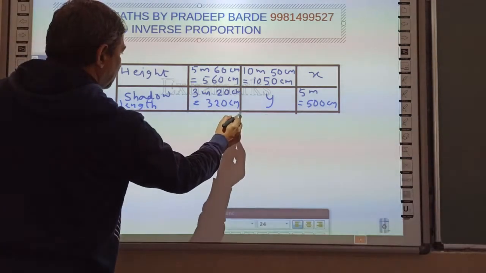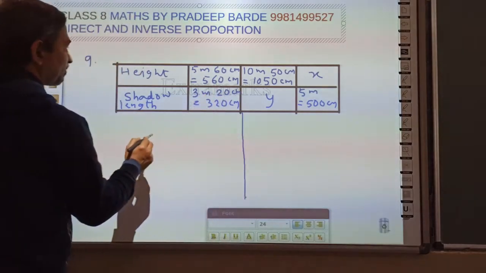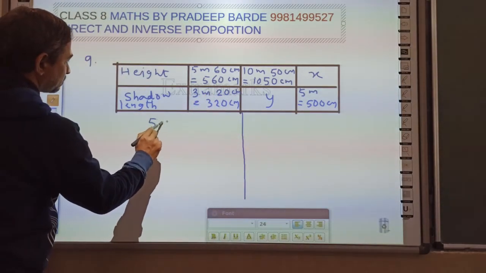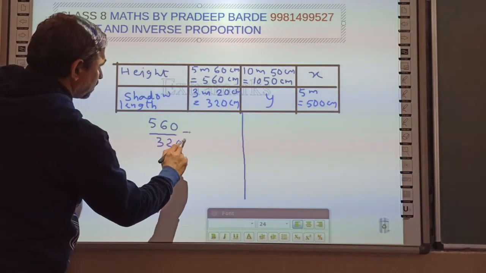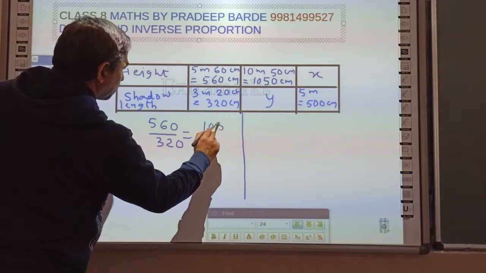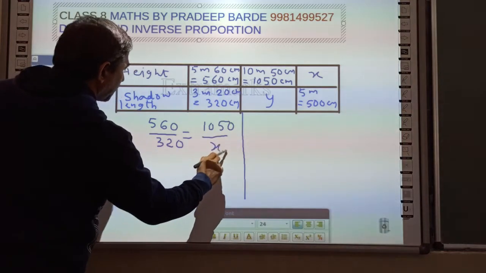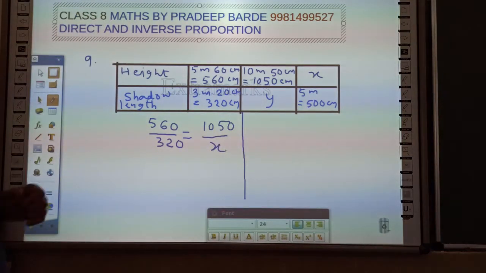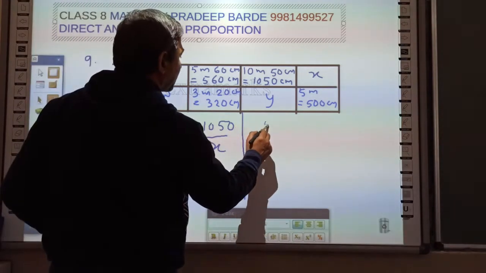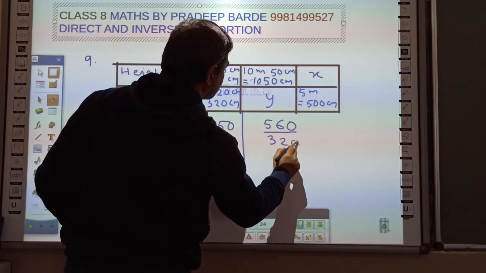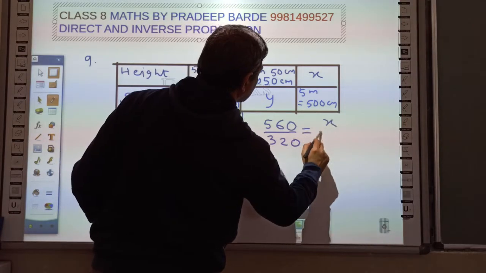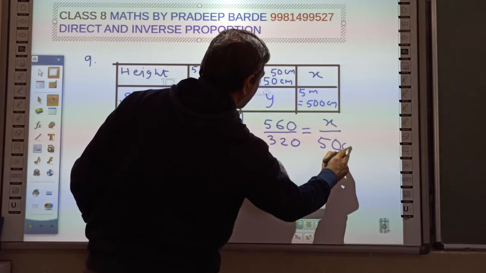For the first part we'll get it like this, that is 560 upon 320 equal to 1050 upon x. ये फर्स्ट पार्ट के लिए हो गया. और सेकेंड पार्ट के लिए लिखेंगे 560 upon 320 equal to x upon 500.